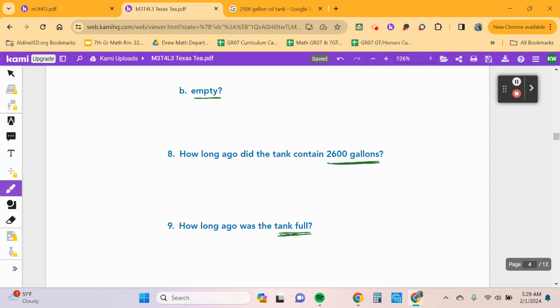And being that it says how long ago, what does that tell you our answer is probably going to be? If you said negative, you're absolutely correct because we're talking about the time before the 2,500 gallons. Similar to the rock climbers, the time before we arrived, the time was negative.